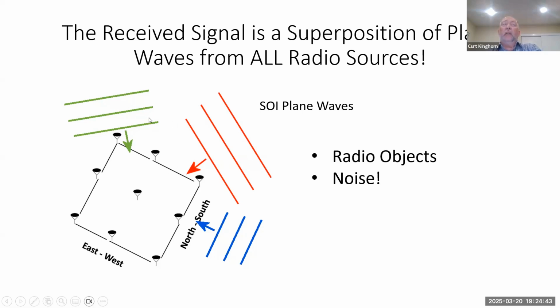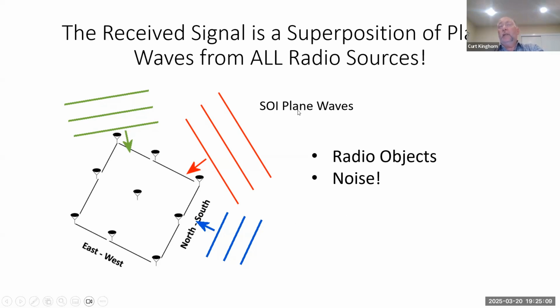Well, there's also going to be a different set of unique timing delays for hitting these antennas if it comes from the green direction or the blue direction. So the antenna is receiving all of these signals superposed upon each other. And so part of our challenge is how to be able to pick out which one is the red signal versus the green or the blue, for example.